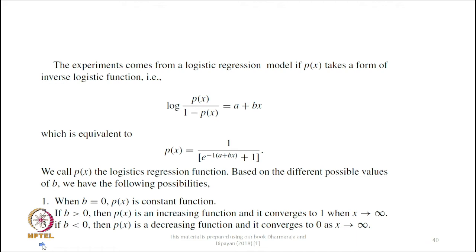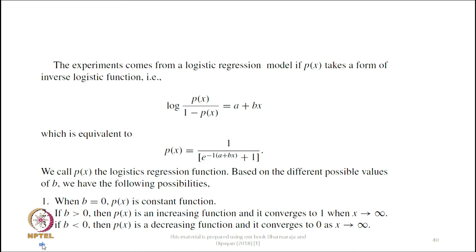Then we take a natural logarithm over it. Therefore, the logarithm of odds is a plus bx, and that is the logistic regression model, which is equivalent to p of x equal to 1 divided by 1 plus e power minus of a plus bx.